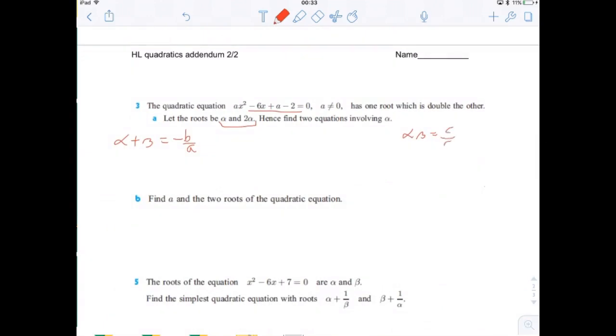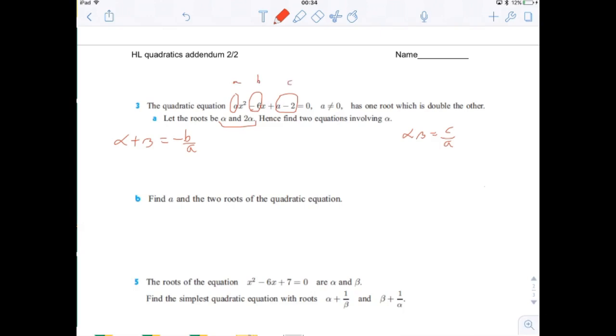Okay. Now let's just fill everything in. So we're going to look at this expression, and the first thing we're going to do is say, well, the a coefficient is a. The b coefficient is -6, and the c coefficient appears to be a minus 2, right? So this is a, this is b, and this is c.